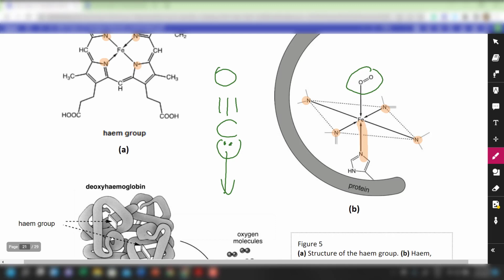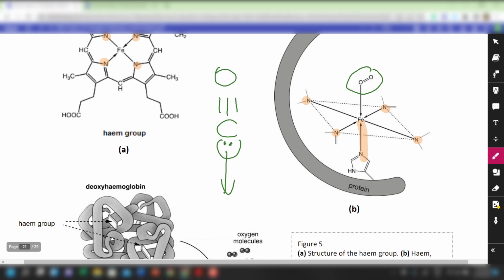Those of you doing H3 will be familiar with it. For those of you who don't really understand what exactly is pi star, or the molecular orbital theory, you might want to read a little bit more so that you can appreciate why CO is a stronger ligand than oxygen.